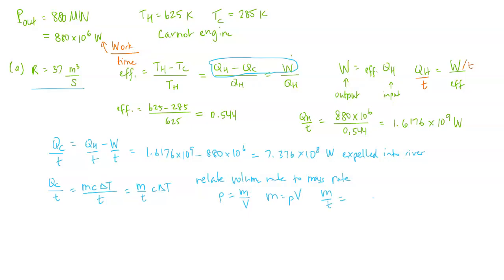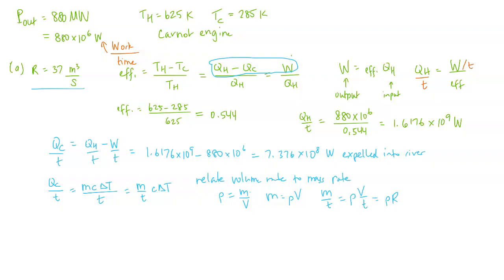So a mass rate of flow will be equal to density times a volume rate of flow. For this problem, our mass rate of flow will simply be our density times that rate R that I had before. We are getting there, friends.